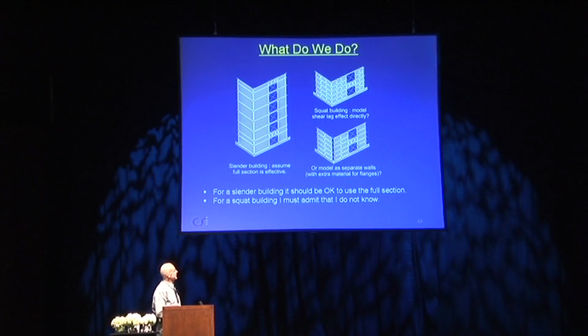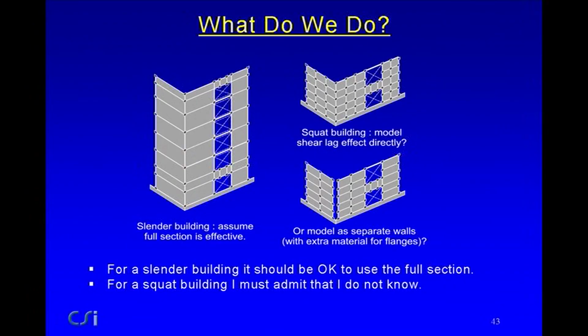Or you could split it into two separate walls, and you could put a flange on the end of each wall to account for the flange effect. I don't like the second method very much. If it were me, I'd be inclined to just go ahead and use the three-dimensional one, but I have to admit I really don't know, and this is a tricky problem. This is something which really needs some research.